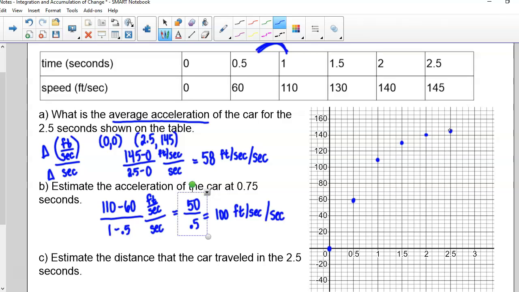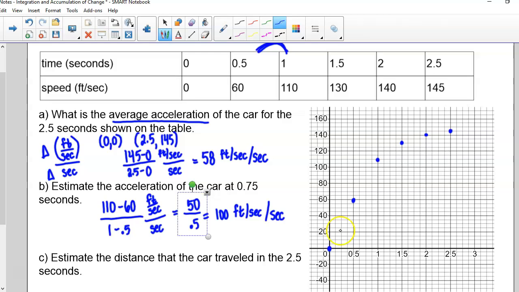Now, if you think of a car whose speed is increasing, it is going to increase in a smooth fashion in most cases, unless your car has some major transmission issues.